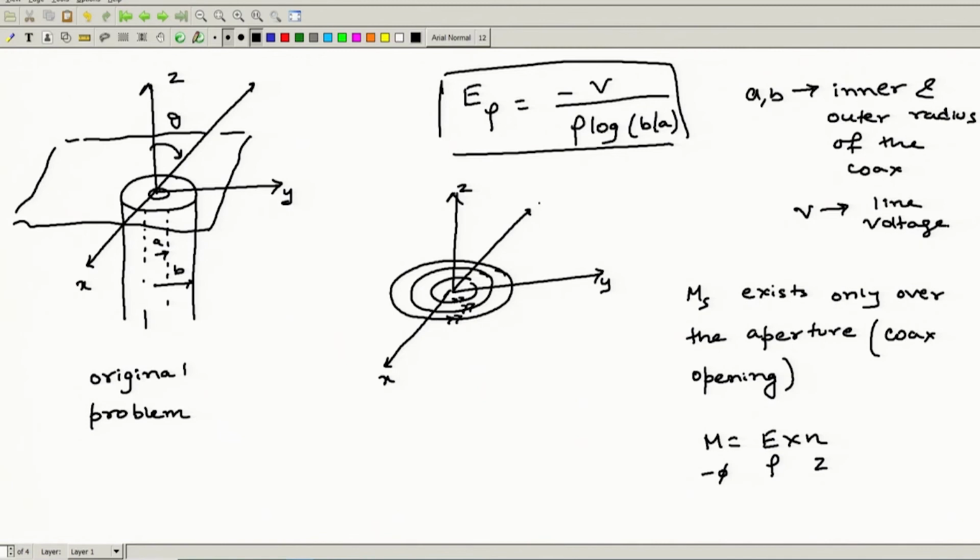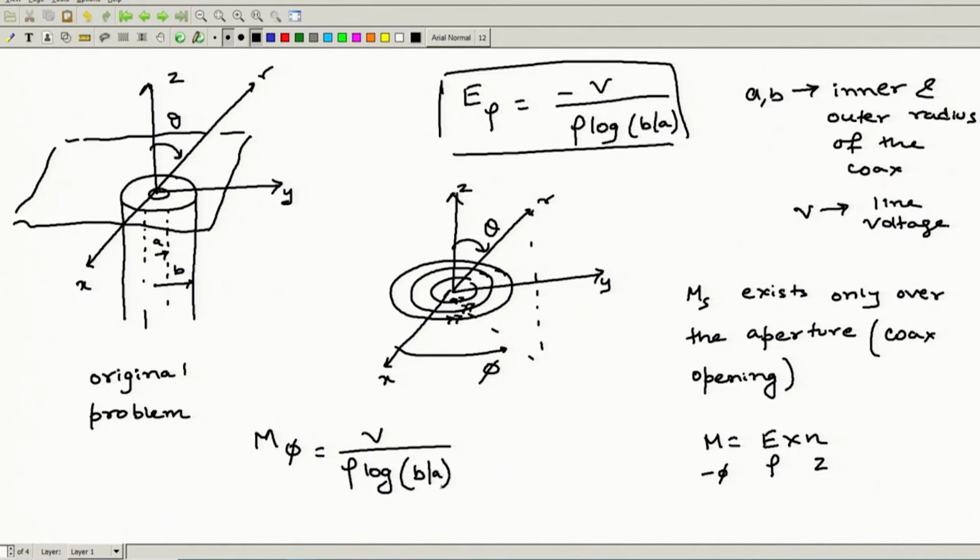This is R, this angle is theta, and this will be phi. So this is the equivalent problem. Now we can write M phi as V upon rho log of B by A.